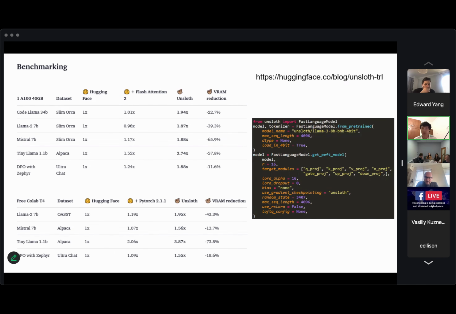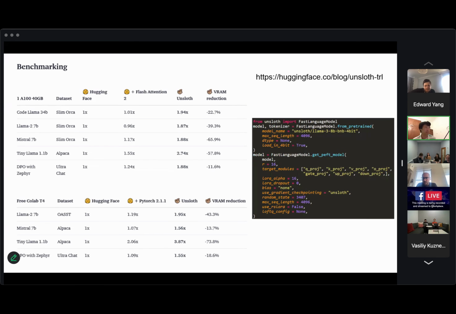Instead of importing the tokenizer and the model separately, we just put it into one call. You can use get_peft_model to inject LoRA, small little weights to train, into the model. We try to make it as simple as possible for people to use. That's the calling mechanism for Unsloth.